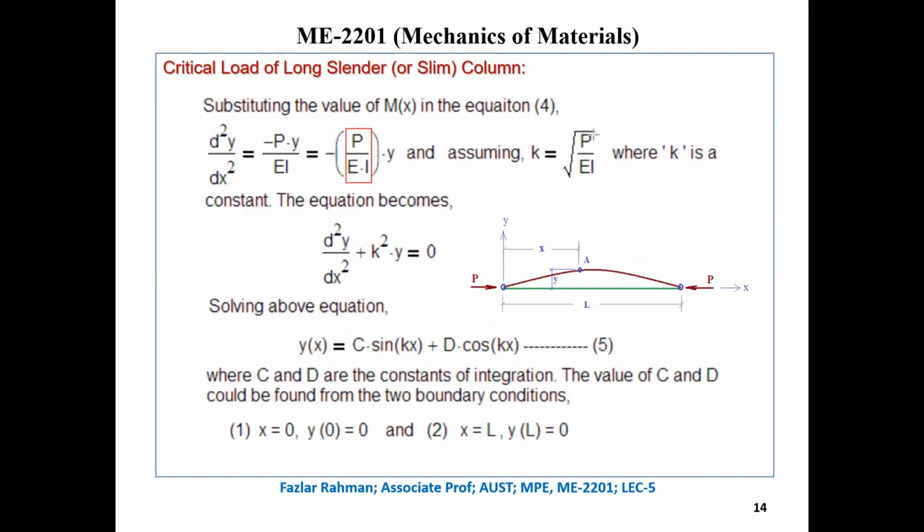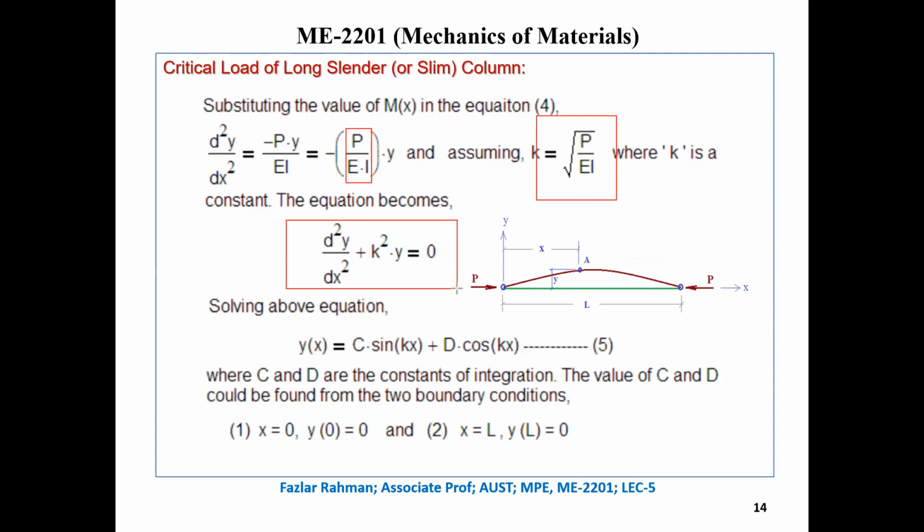This will obviously be constant because the load you are applying is not varying, E the modulus of elasticity is constant, and I the moment of inertia is also constant. So right over here it becomes d square y by dx square plus k square y equals 0. So this is our main differential equation.